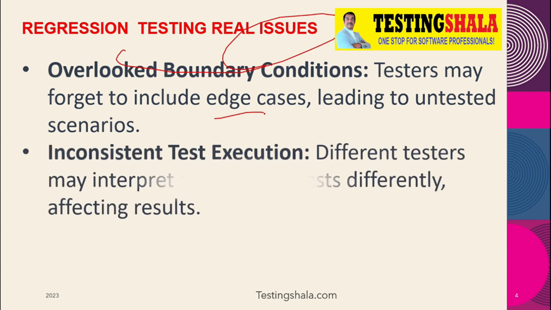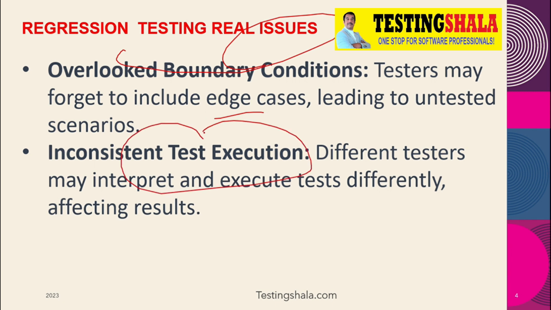And the next type of issue which we normally face is inconsistency in test execution. Regression test cases are very huge in number.